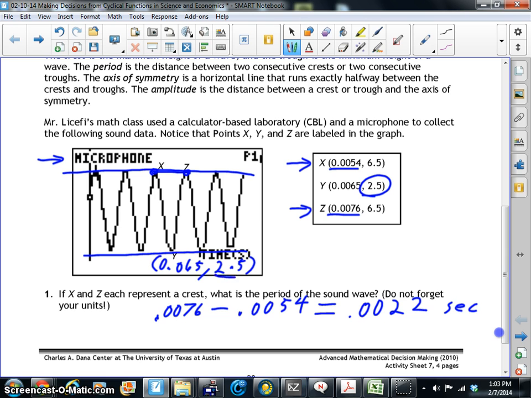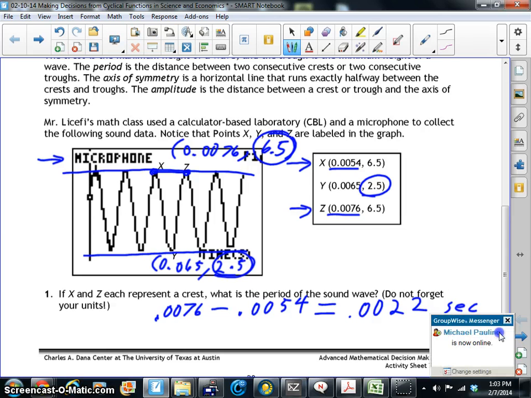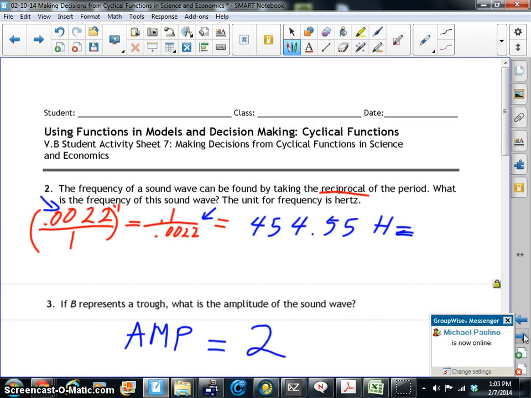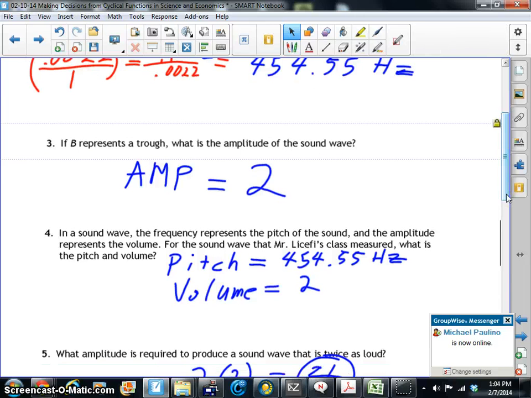So this is the lowest that y can be. The highest that y can be would be here at 0.0076 comma 65. So the biggest it can be is this. So you take your maximum y and your minimum y and you subtract them. Doing this very quickly, I'm going to rewrite this a little bit.